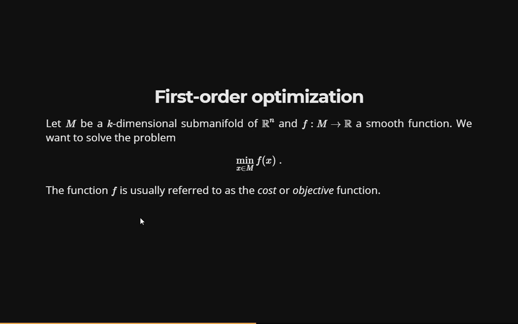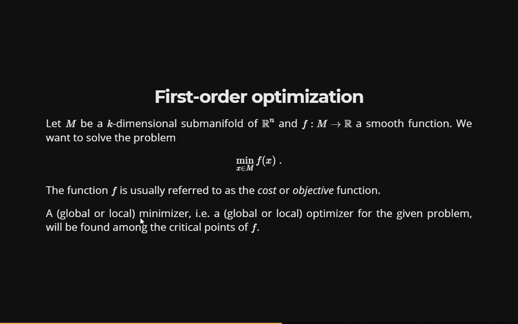So we have a submanifold, a function, the cost of our optimization, and we want to find the minimum. Now, we can twist the usual gradient descent to adapt it to the manifold situation.